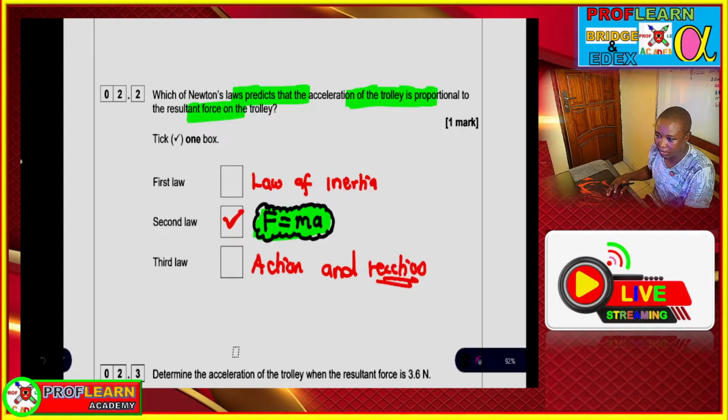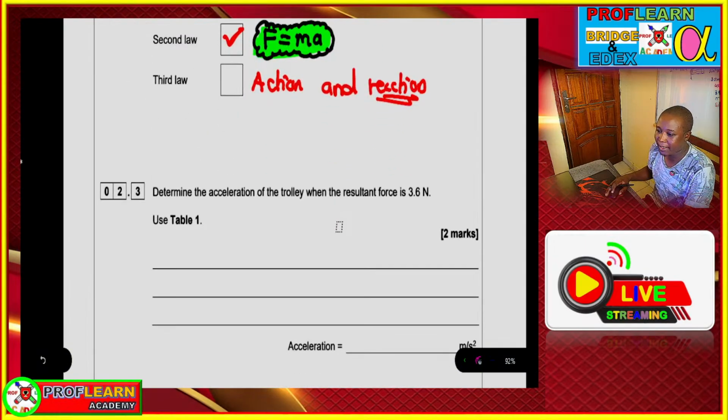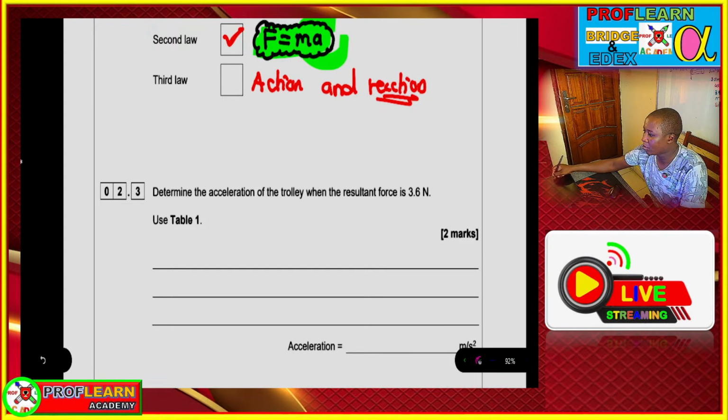Okay, let's move to the next part. Determine the acceleration of the trolley. We have already said that to work out acceleration we use the formula force equals ma.